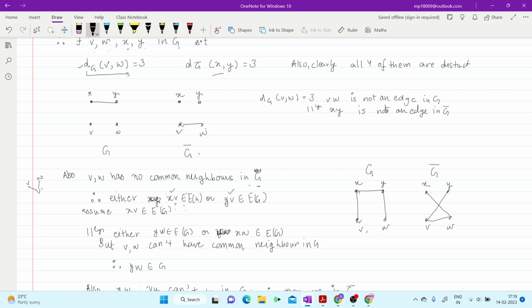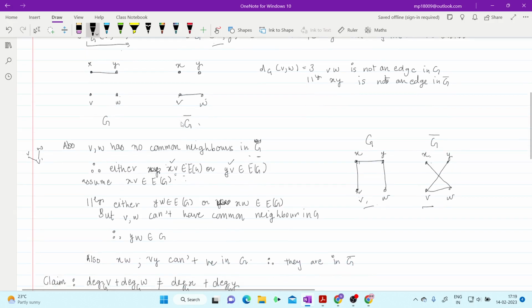Therefore, we see that these are the only possible relations. These X, Y, V, W have these possible relations in G and G bar.